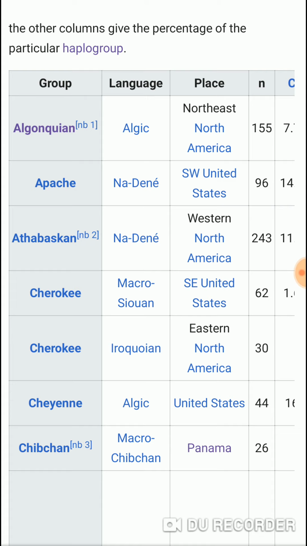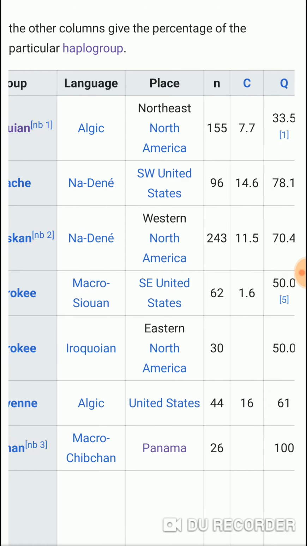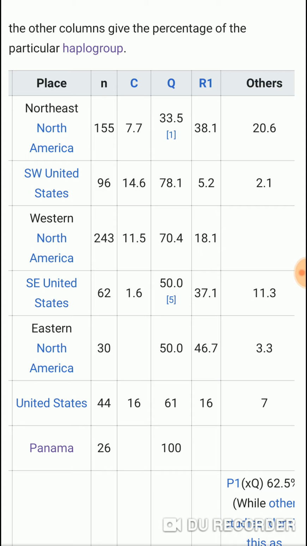The Cherokee and the Cheyenne, these are two groups of people that we often associate with being dark complected groups of people. Their frequency is split between a high to mid range of Q, N or R1.